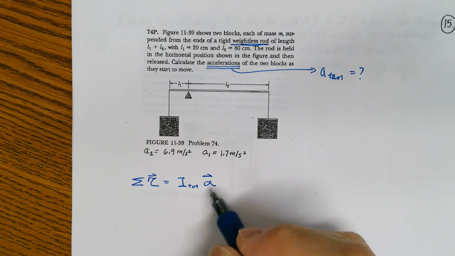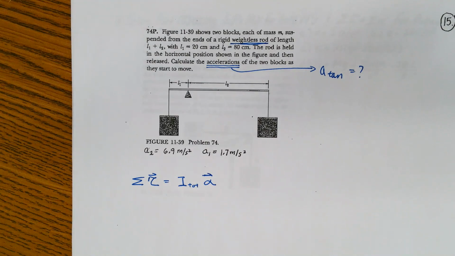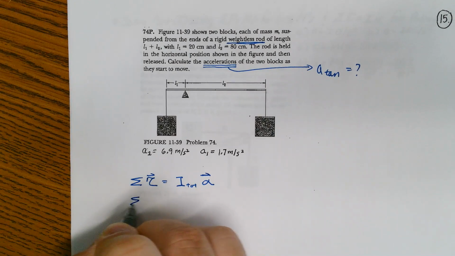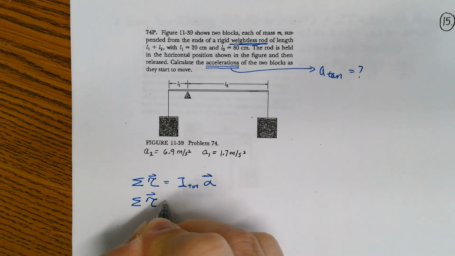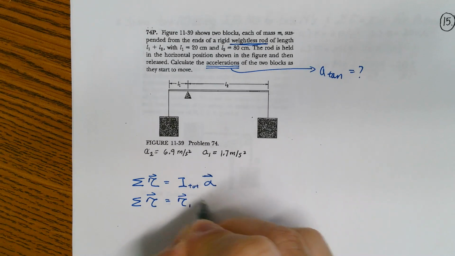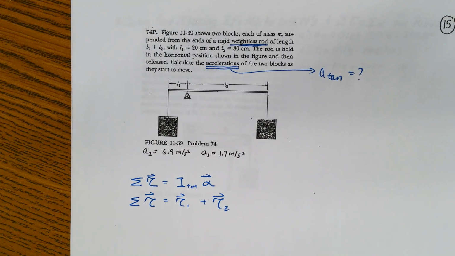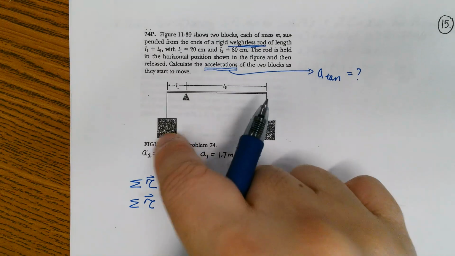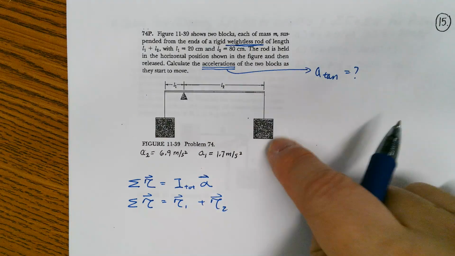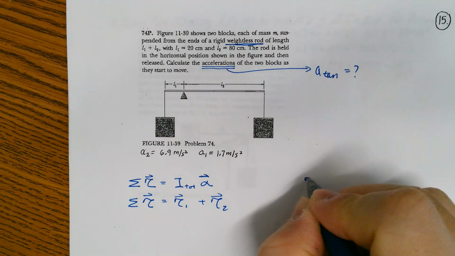This is a common alpha for both masses. Then the sum of all torques is torque 1 plus torque 2. Torque 1 is caused by mass 1, and torque 2 is caused by mass 2. So let's calculate torque 1 here.